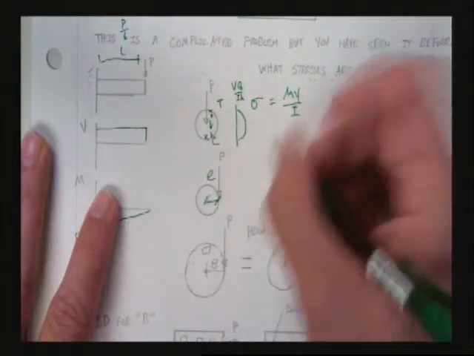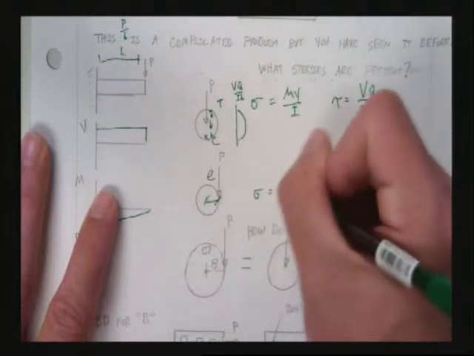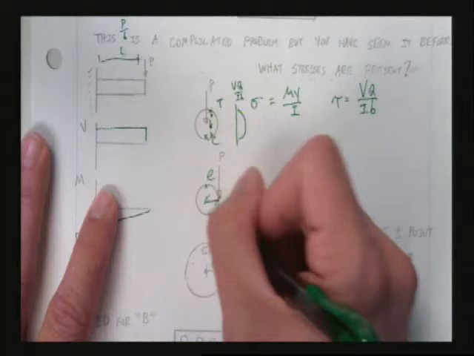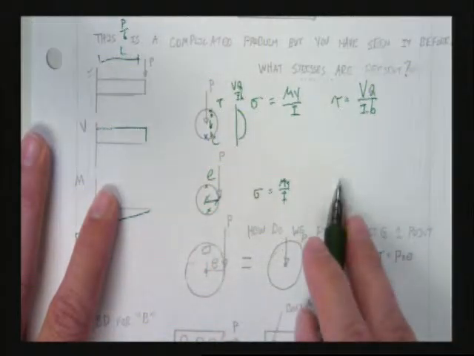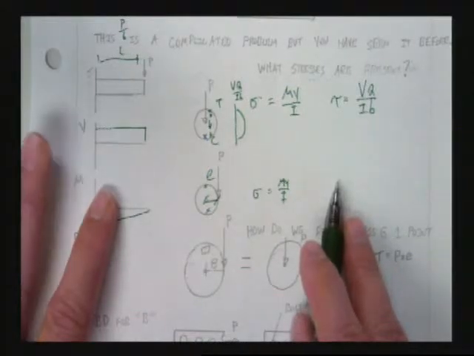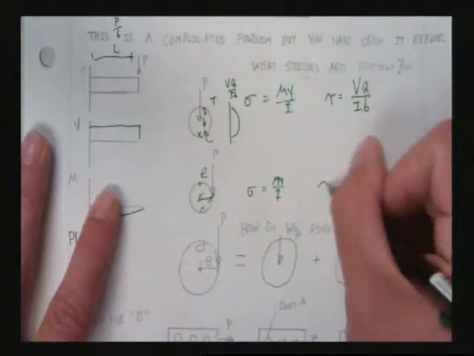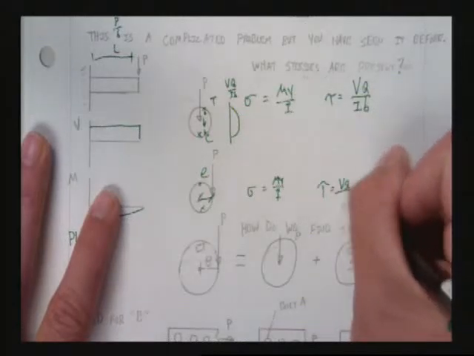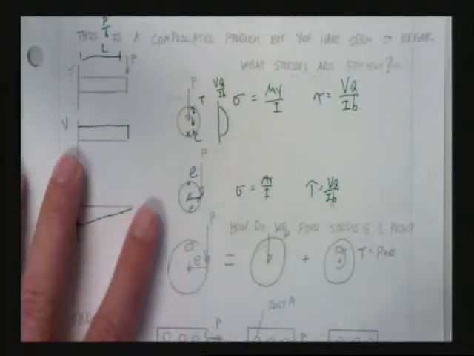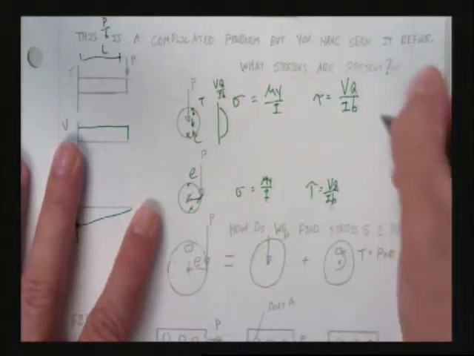So we're still going to have My over I, and it's still going to be coming in and out of the plane. Are we still going to have shear? Does it get to go away? No, it doesn't. So we're still going to have VQ over IB or IT. And David is exactly correct. We're also going to have torsion.